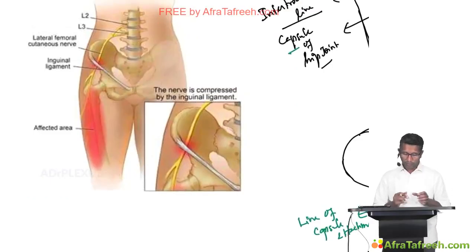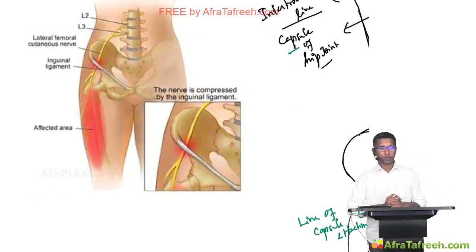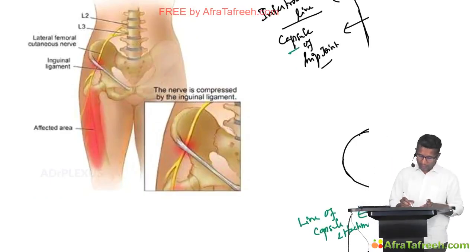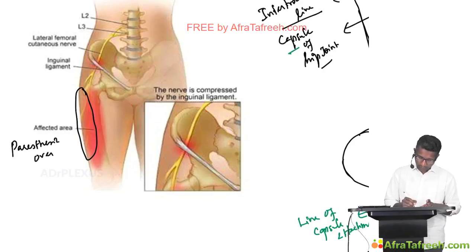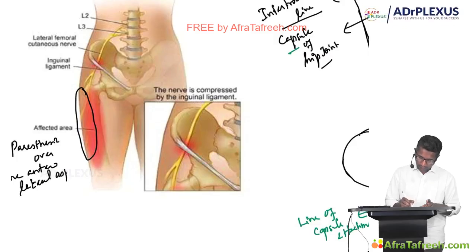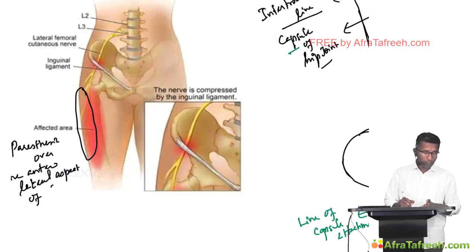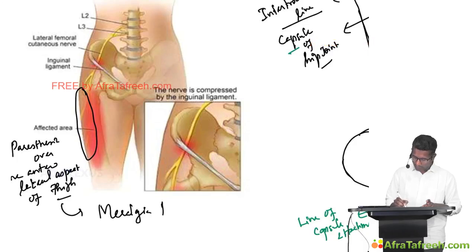The lateral femoral cutaneous nerve of the thigh getting compressed close to the inguinal ligament results in paresthesia over the anterolateral aspect of the thigh, and this condition is called meralgia paresthetica.